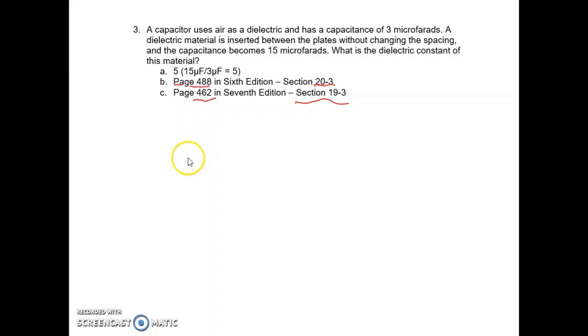We'll redo it. So the first capacitor has a capacitance of 3 microfarads, and then we insert a dielectric between those 2 plates, so the size of the plates and the distance between the plates are the same. The only thing that changed is the dielectric, and the new capacitance is 15 microfarads.